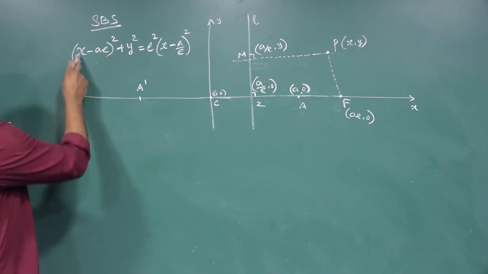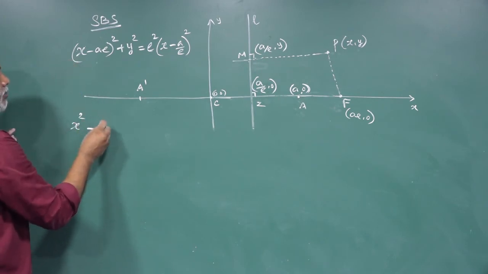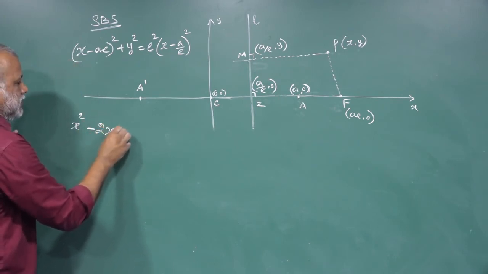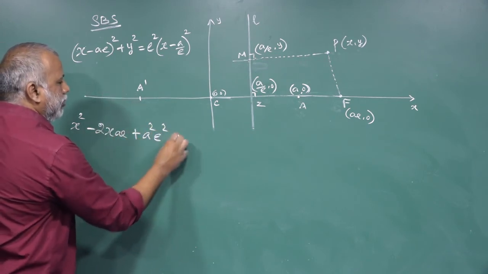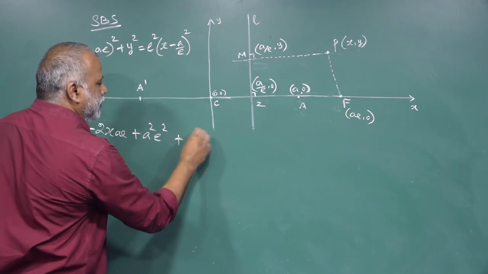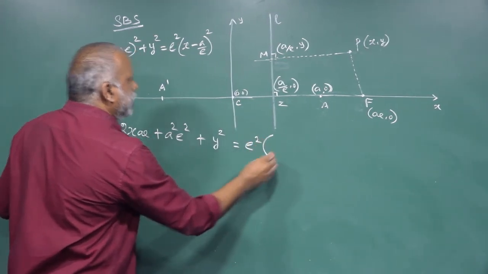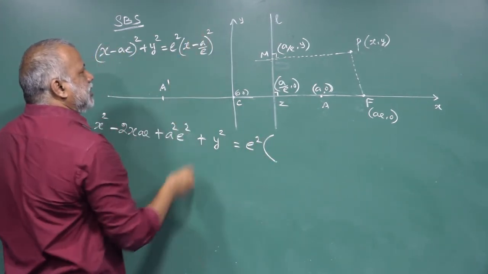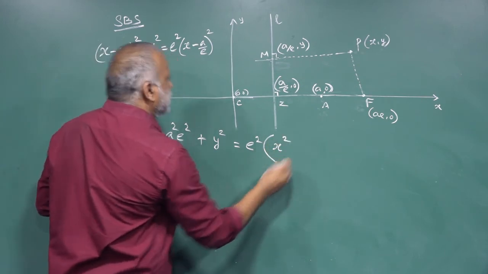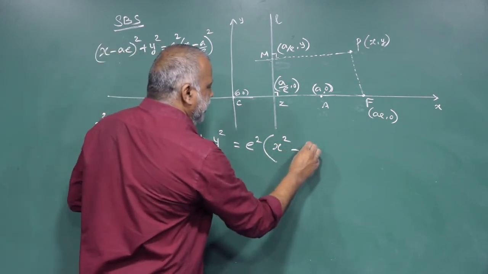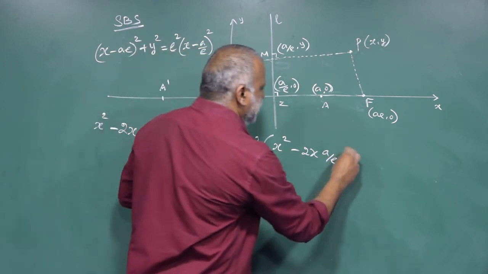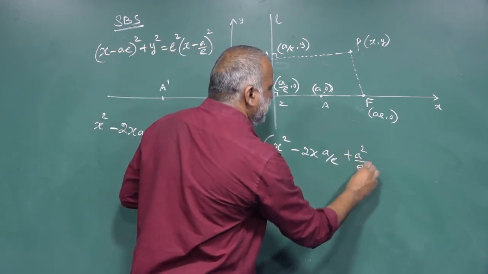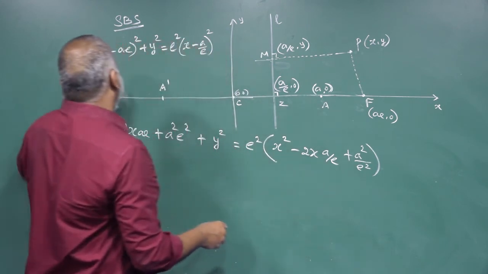See here, your LHS: x squared minus 2x ae plus a squared e squared plus y squared equals e squared times (x minus a/e) the whole squared. Expand it: x squared minus 2x a/e plus a squared by e squared. Just listen to this concept once again.